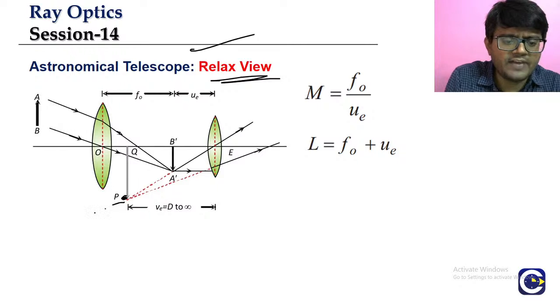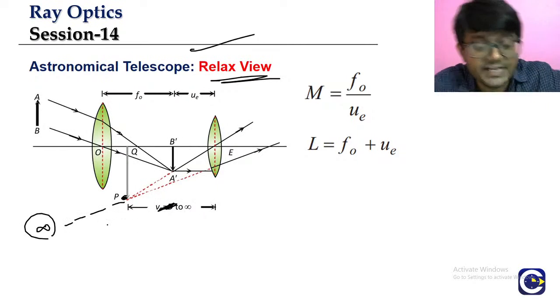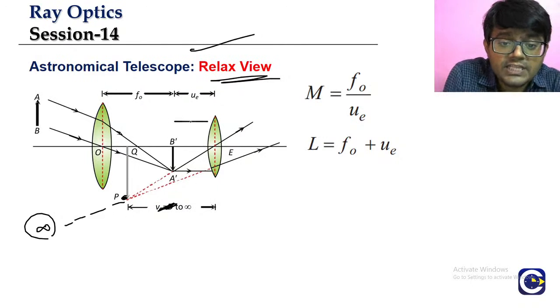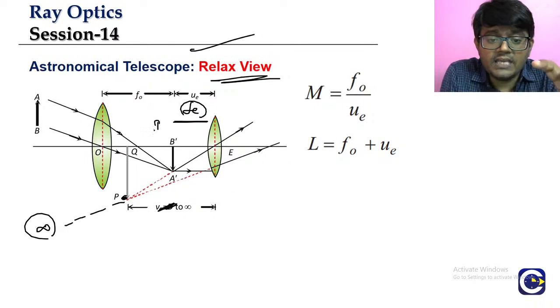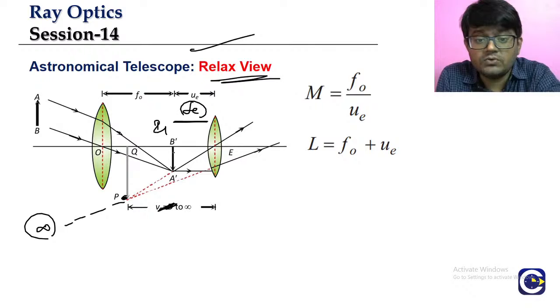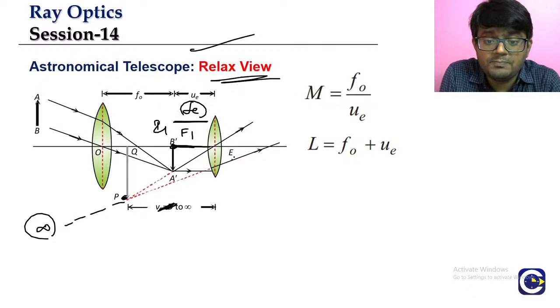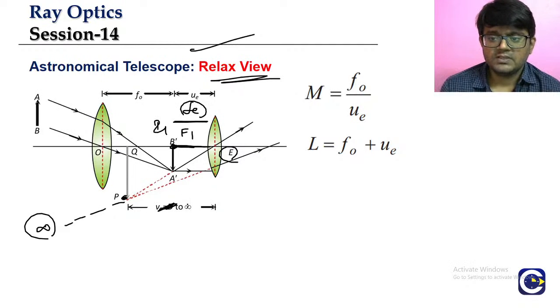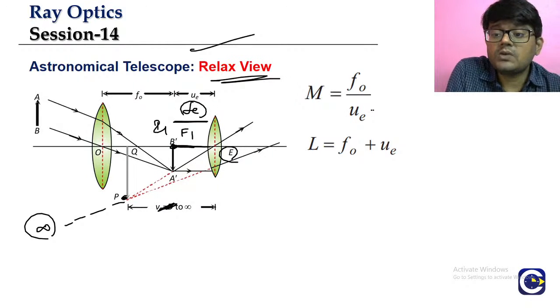What is relaxed view means? We should have the final image formed at infinity. It is not D, it is formed at infinity. Correct. So if it is formed at infinity means this UE should be equal to FE, right? Because the image I1 formed by the objective should coincide with the focal point of the eyepiece. Then the final image will be at infinity. If final image is infinity means UE must be equal to FE.